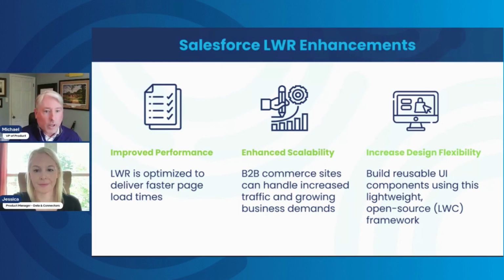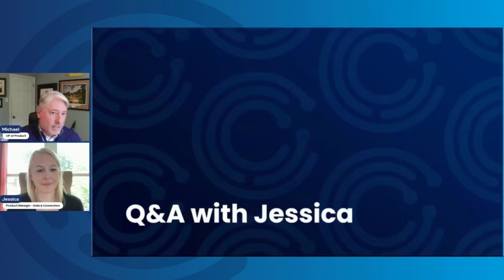They are lightweight and open source, built off of LWC, Lightning Web Components. So more flexibility and lighter weight components for your designers to build great user experiences on your website faster, easier, and more scalable. So what does that mean to us?